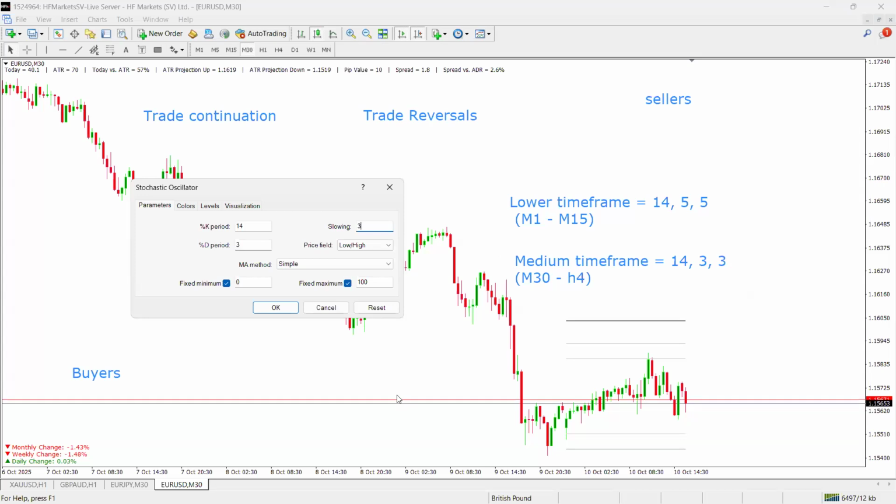If you're using it on M30, H1, H4, those 3 points, we majorly use 14.3.3.